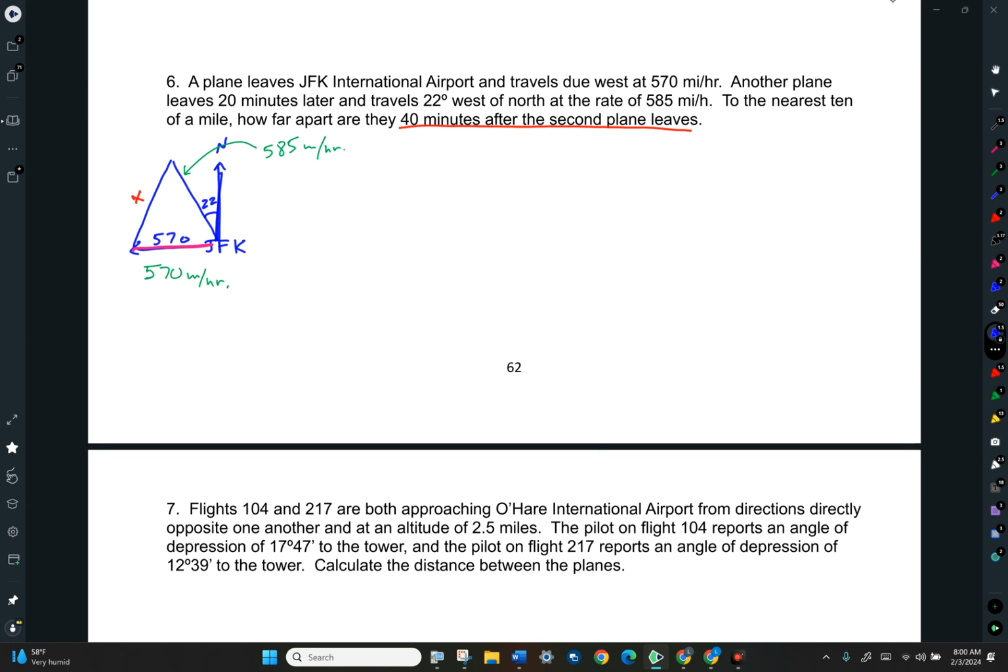But for this side, he's only traveling for 40 minutes, and he's going 585 miles per hour. So in order to figure out how far he's gone, he's going 585 miles per hour, but he's only gone 40 minutes out of a 60-minute hour.